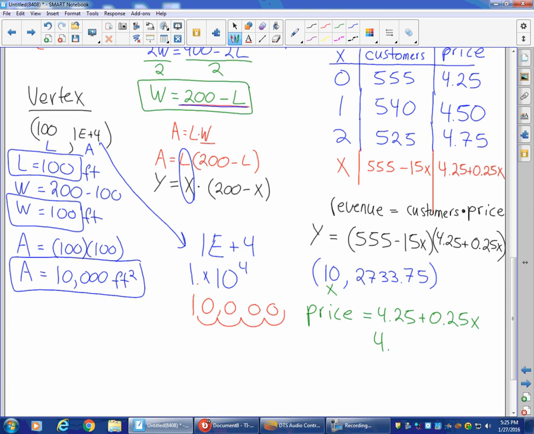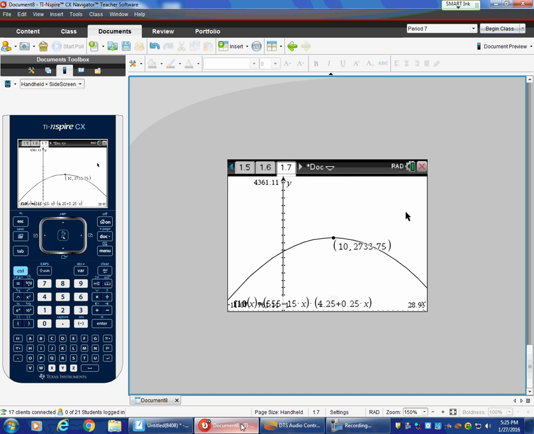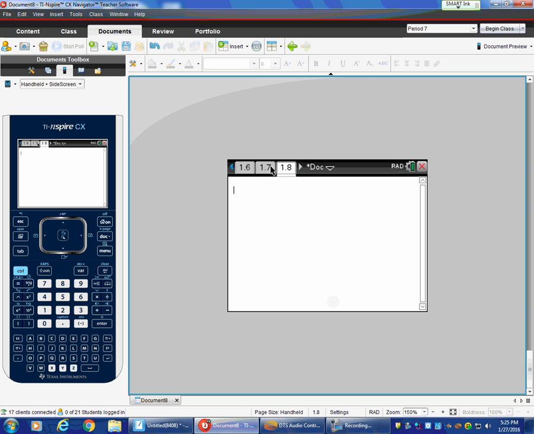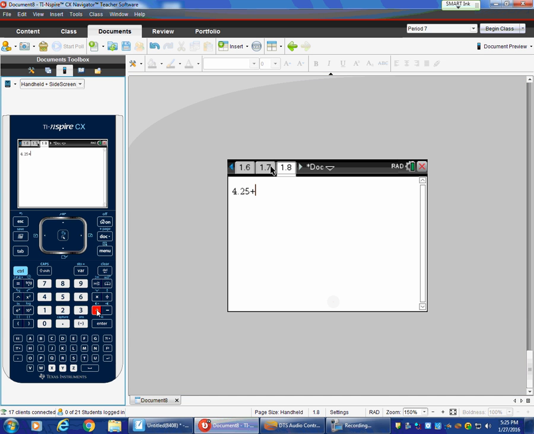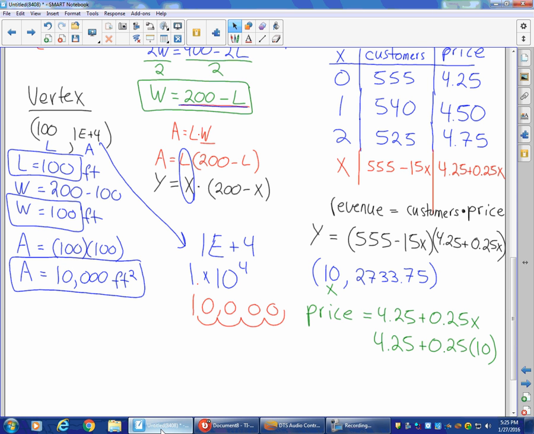So what's 4.25 plus 0.25 times 10? All right. So now we know that they're going to sell each one for $6.75. I hope you would not buy a hot dog that was $675.